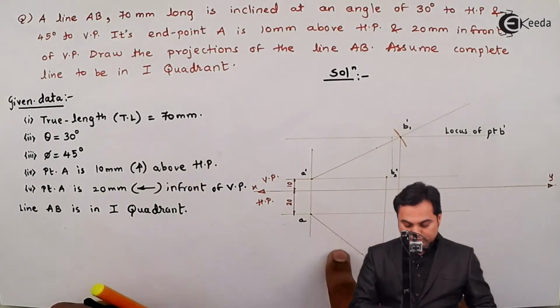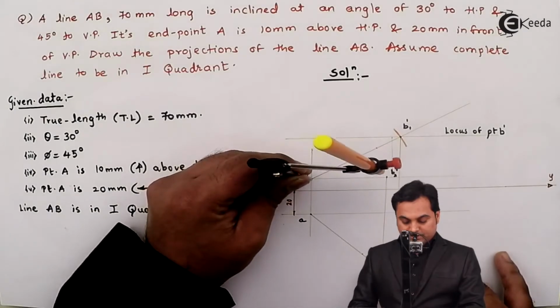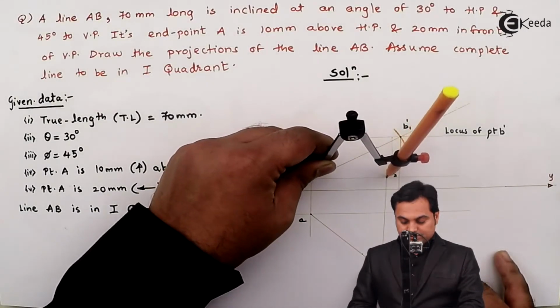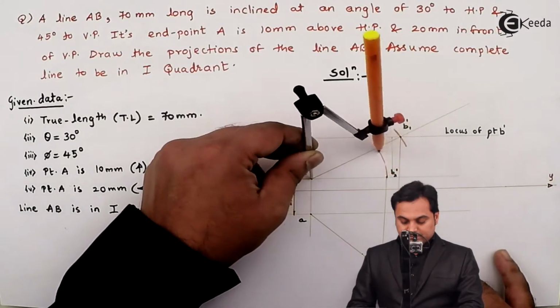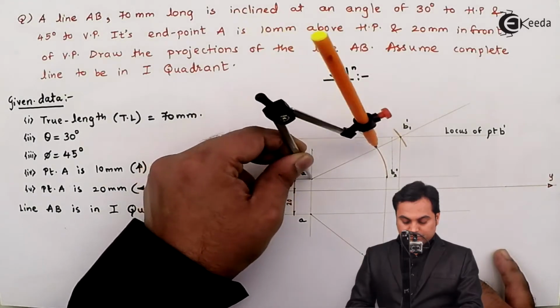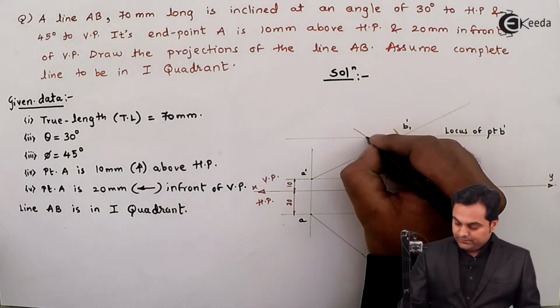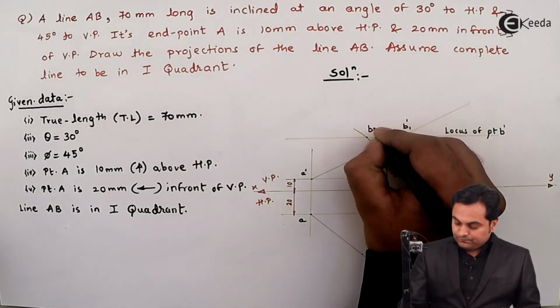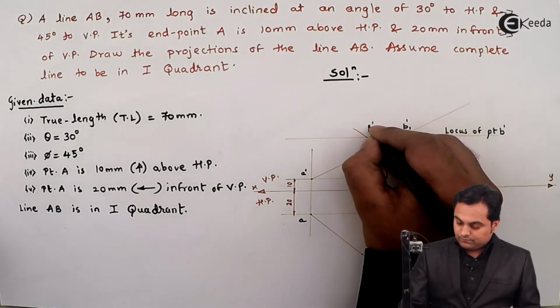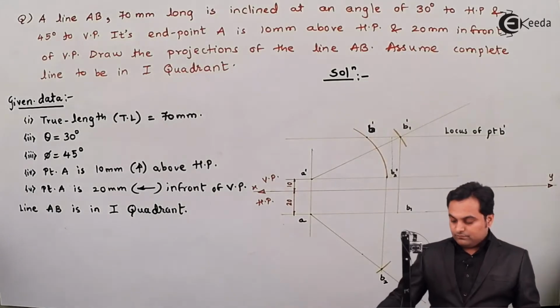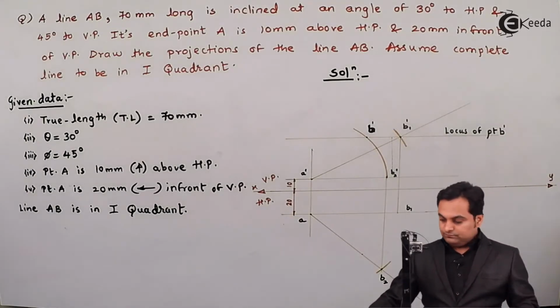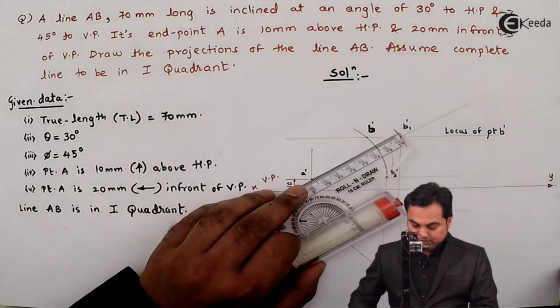This is the front view of this inclined line. So I'm taking that distance, and then plotting it so that it cuts this locus, so that I get the point B dash here. That will be B dash. Then joining it with the help of light line.